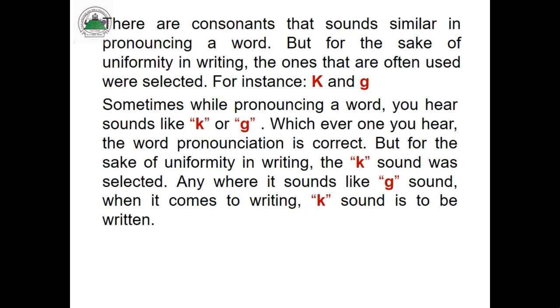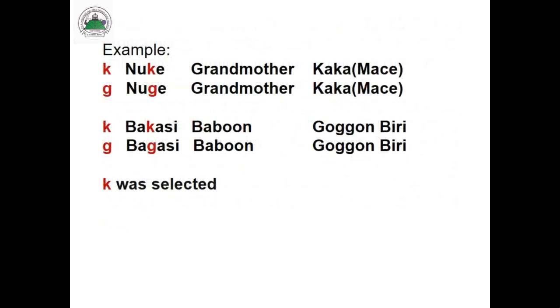Now let's take the examples. With these two sounds, the first consonant sound is k. We have an example there, nuke, which means grandmother in English, kaka tamoche in Hausa. And sometimes some people pronounce it as nuge, which comes with this sound g, the same grandmother and kaka tamoche.